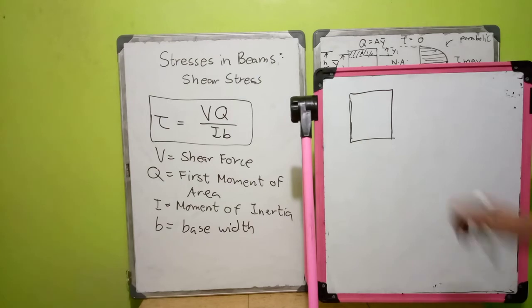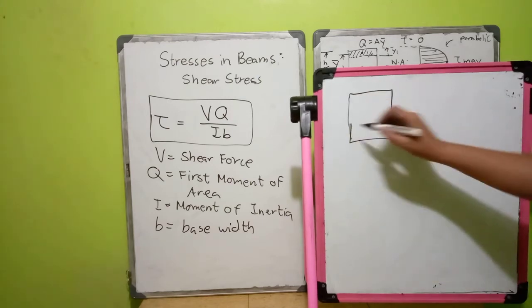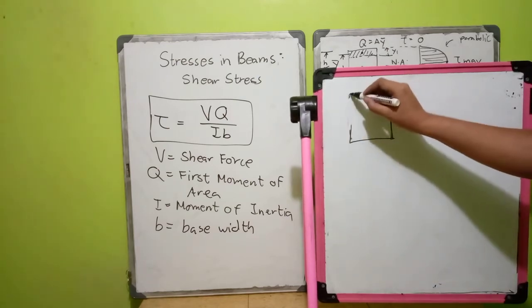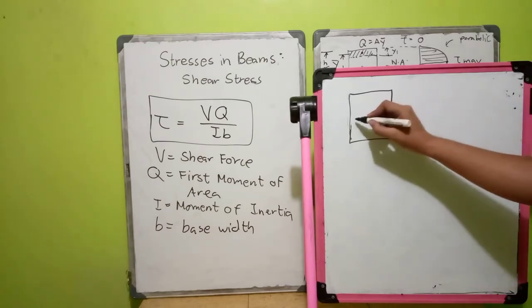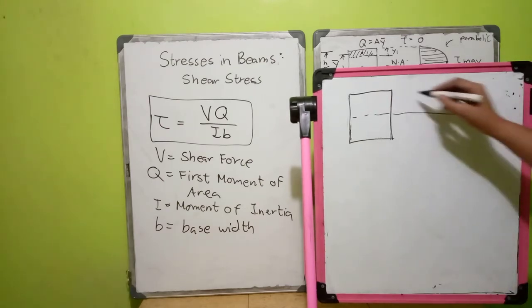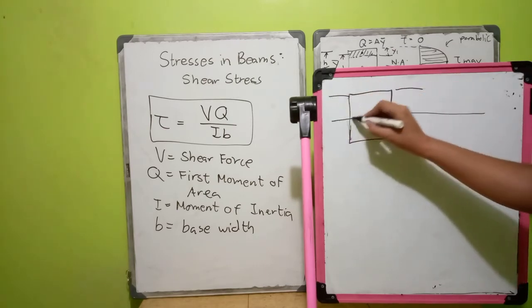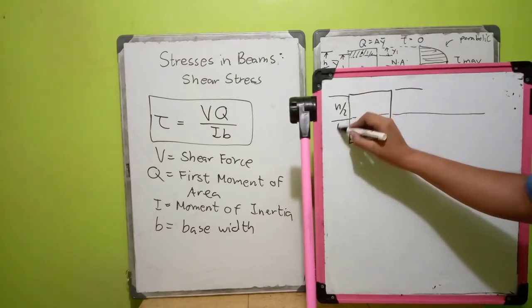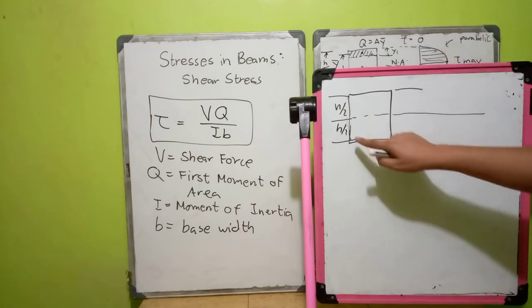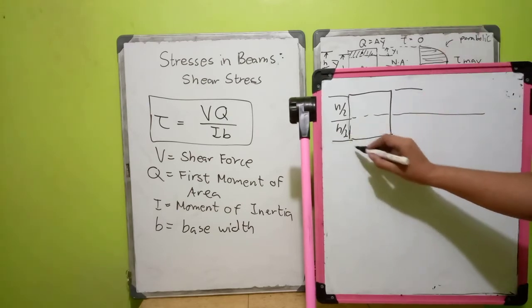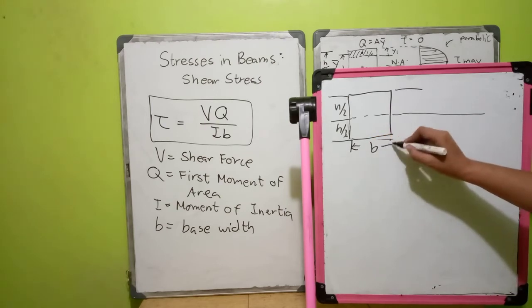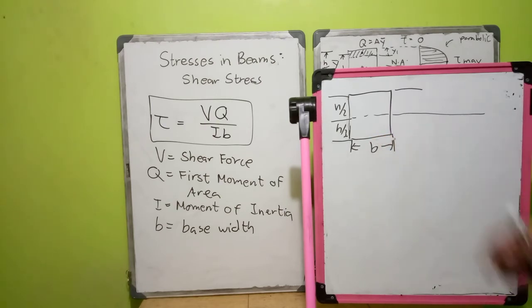For example, let us have the simplest cross-section area, the rectangle. We have its neutral axis located at h/2, since our total depth is h and base b.